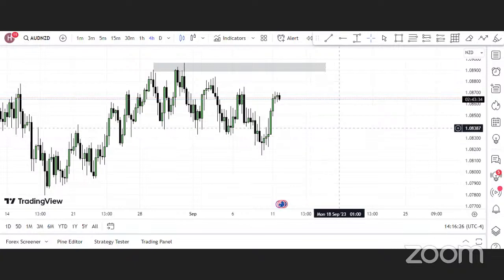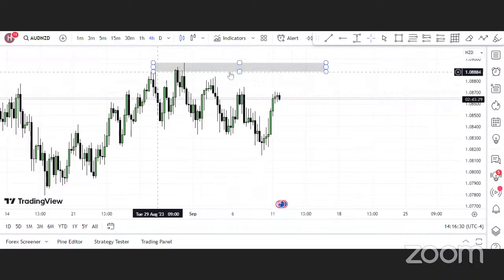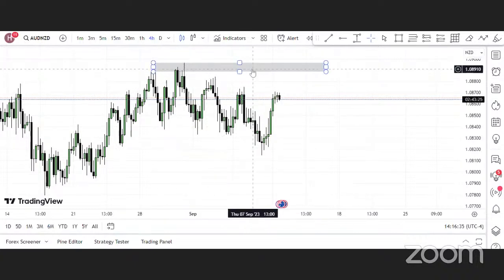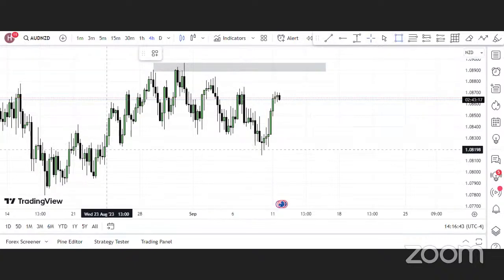Support and resistance are basically drawn like this, just a box like this. This is how you draw your support or your resistance. And what is a support? This is how a support looks like. This is a resistance. Let me draw the second one, that is a support.